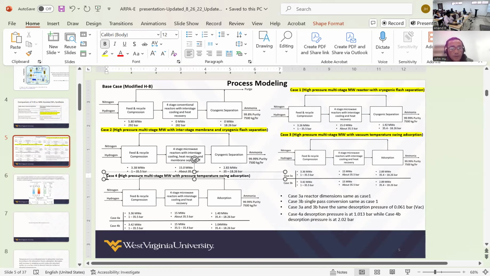So you understand there are a lot of technologies you can utilize when you reduce the reactor pressure. Case number four is the microwave with pressure temperature swing operation. There are two different types of swing operation. One is the vacuum, the other under pressure.